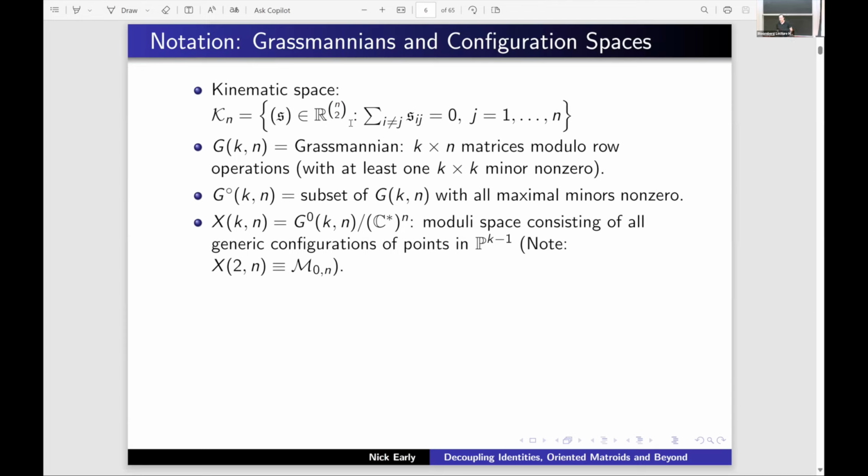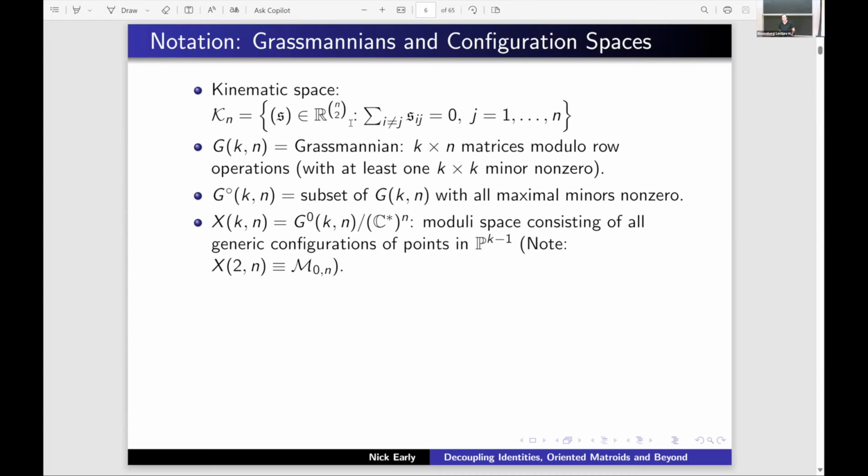The open subset, G°(k,n), assumes that all k×k minors are non-zero. And X(k,n) is the torus quotient of G°, where we mod out by scaling each column separately.